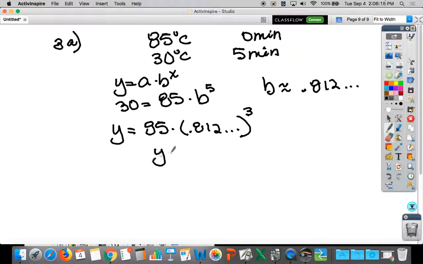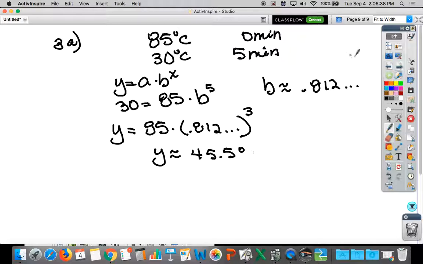So the temperature is approximately 45.5 degrees after 3 minutes. So how do we do on that one? Okay, questions? If you're not getting it, let me know.